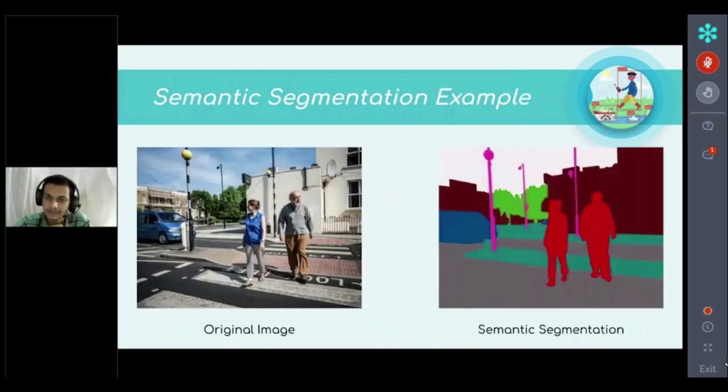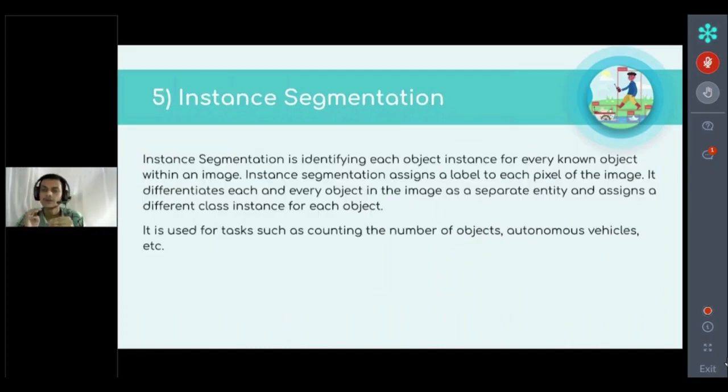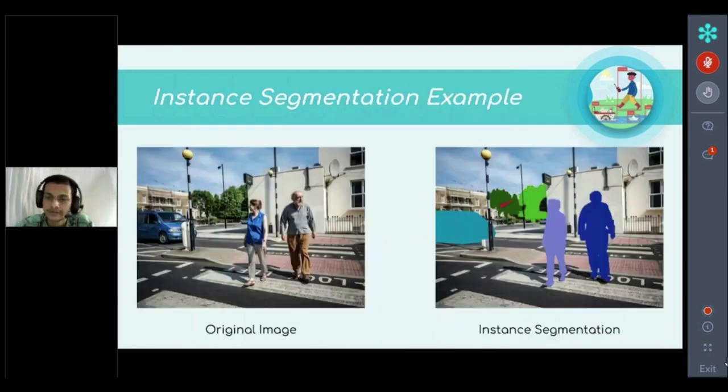But what does the instance segmentation do? Instance segmentation will label each and every object's pixels with a different unique ID and different unique label. It will give output like this. I have taken only three classes in this image.